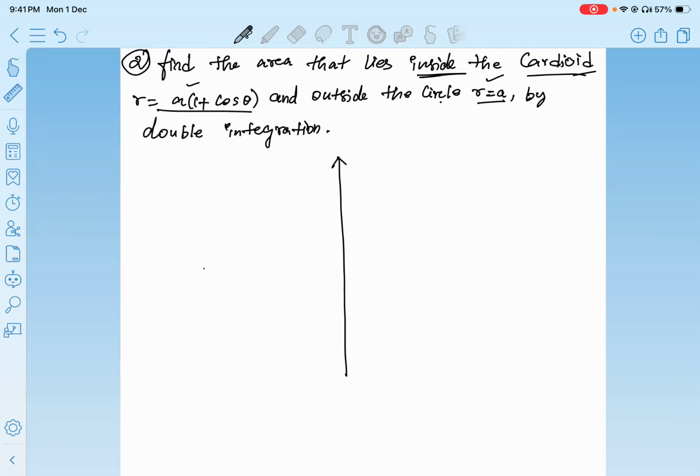First, let us draw a figure. So this is your 0. Here we have the theta only, so using the cos theta and sin theta values we are going to find. This is your theta line, and this side theta equal to pi, theta equal to 0 here.